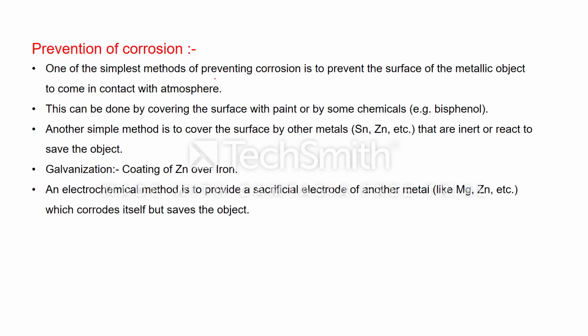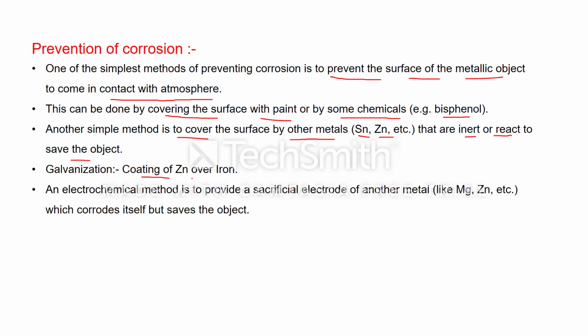One of the simplest methods is to prevent the surface of the metallic object from coming in contact with the atmosphere, which can be done by covering the surface with paint or by chemicals like bisphenol. Another simple method is to cover the surface with other metals like tin and zinc that are either inert or react to save the object.